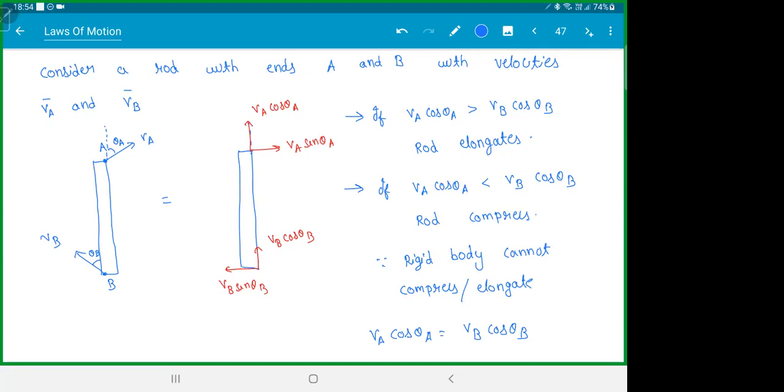So whenever two rigid bodies are in contact, since you can't compress them or elongate them, you don't have an option, but the velocities along that line have to be the same.